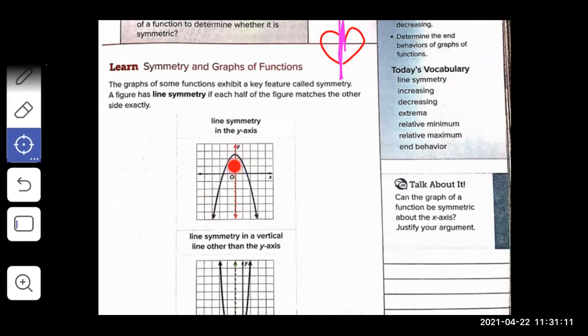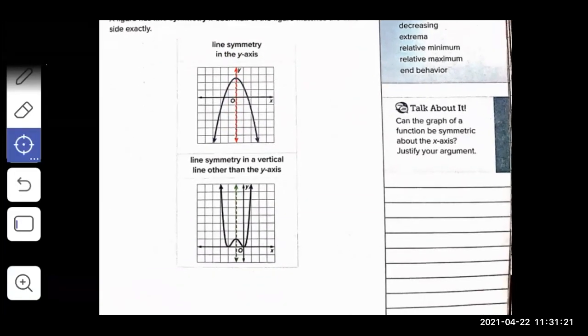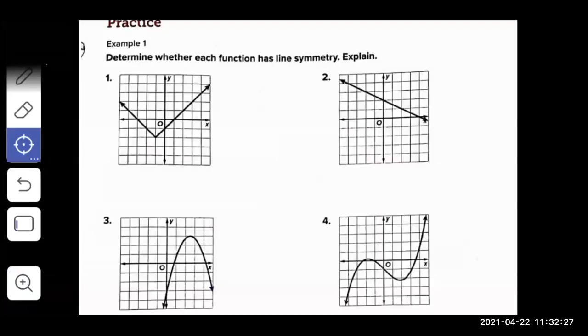This function has a symmetry, and the half of that, guys, is called the line of symmetry. And this one is another one. Take a look that this is a different shape, like a W. If you cut this out, guys, and you fold this to this side, you see that you're gonna have the same shape. This is the line of symmetry. This is what we're going to discuss.